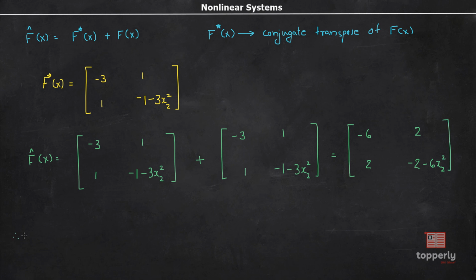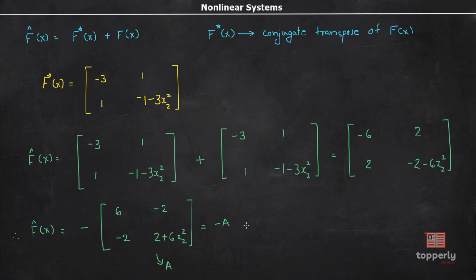Therefore, F cap x equal to minus of 6, minus 2, minus 2, 2 plus 6 x2 square. If we write this matrix as A, we can write this equation as minus A.